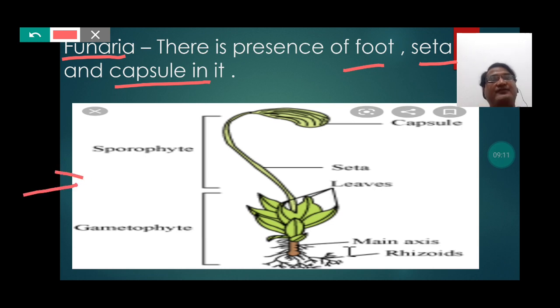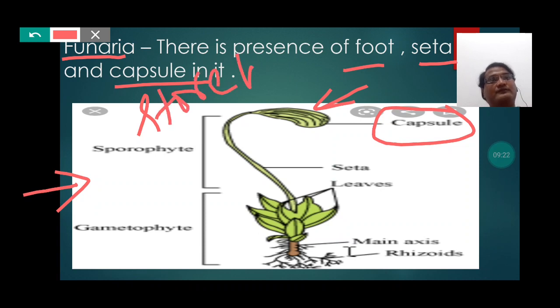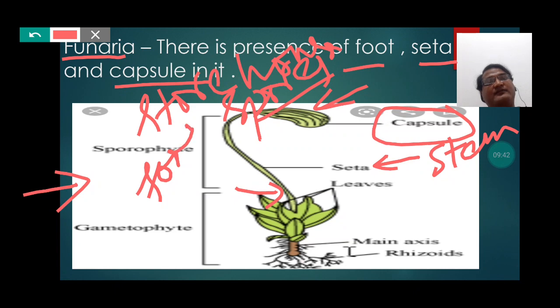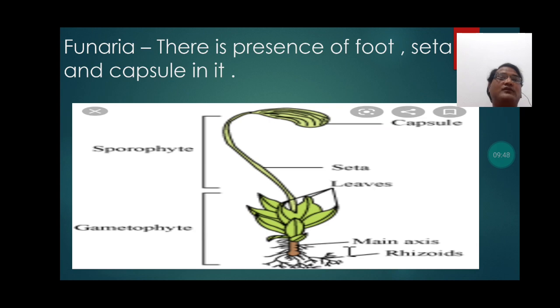Students, if you concentrate on this picture, then you will be able to notice the presence of a capsule, which actually is the storehouse of spores. Students, seta acts as the stem and foot, which remains present here, acts as the base of the Bryophyta Funaria.